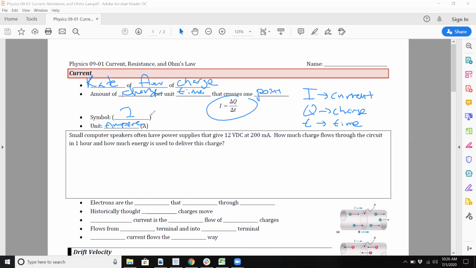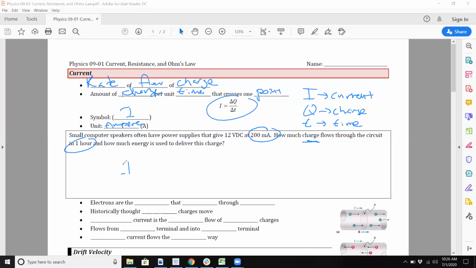We haven't talked about energy for electricity yet, so we would probably do this one here. I think they probably meant 12 volts as a direct current, but I really want to focus on how much charge.